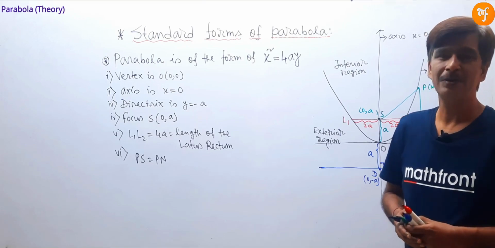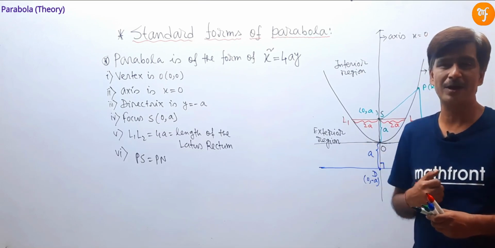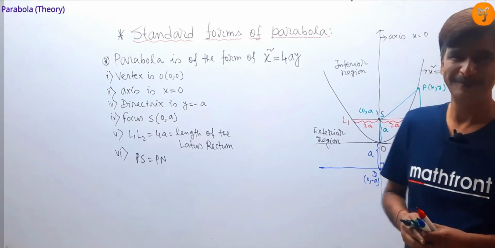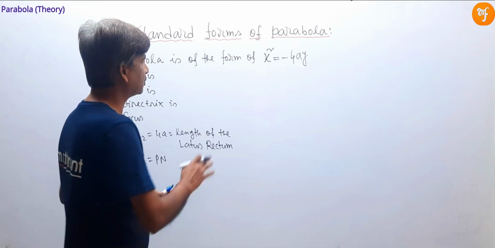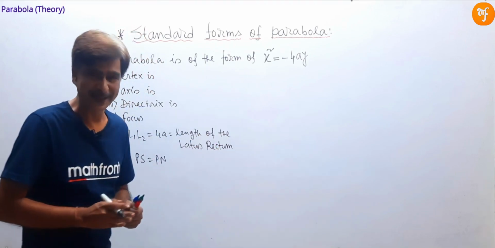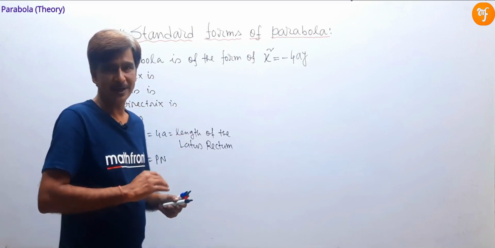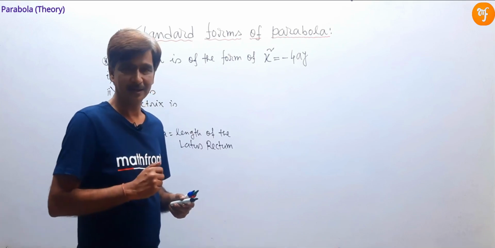Okay, now let's come to another form of the parabola, that is x square is equal to minus 4ay. So friends, now we are discussing the parabola of the form x square is equal to minus 4ay. The parabola x square is equal to minus 4ay is concave downwards and its vertex is again at the origin.